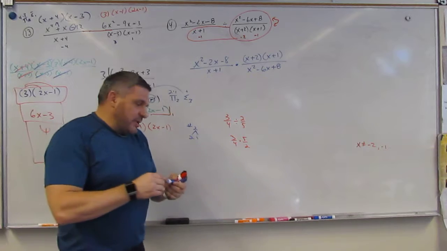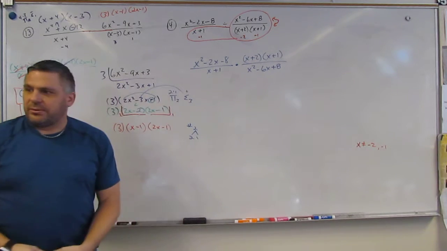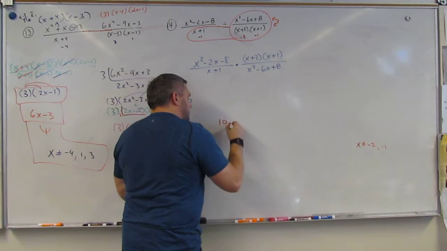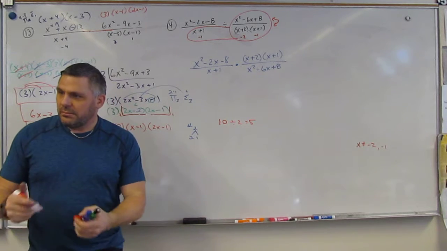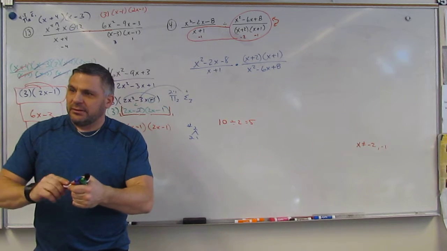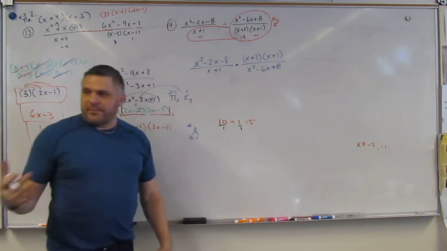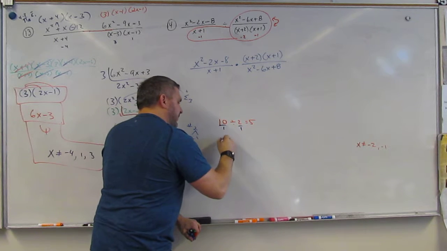And if that's confusing, use what you know to figure out what you don't know. So think of it like this: 10 divided by 2 is 5. You know that. And these are 10 over 1 and 2 over 1. So which one would you flip to get 5?